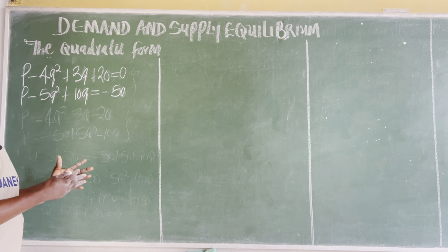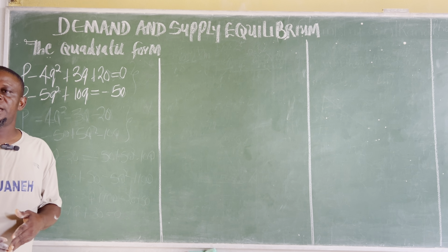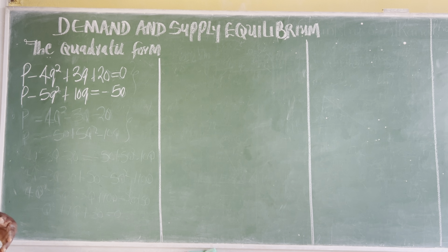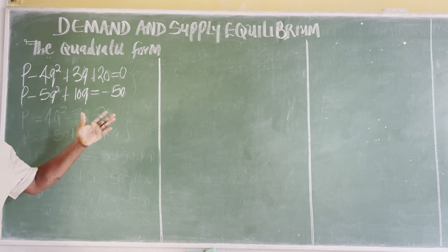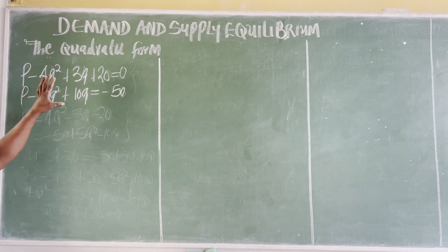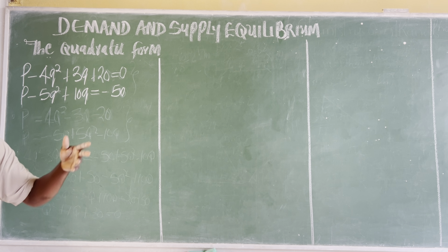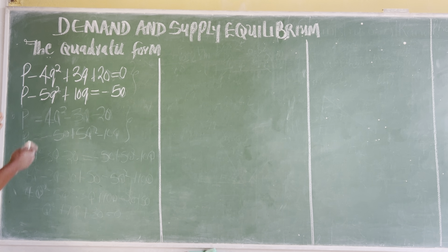Now, when we are given this demand and supply equation, what we need to do is to rearrange the equation and then make P the subject of the formula.